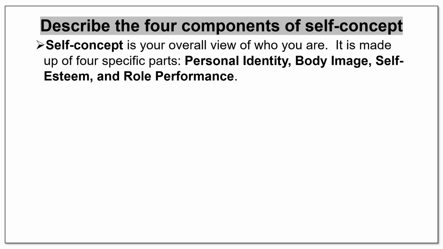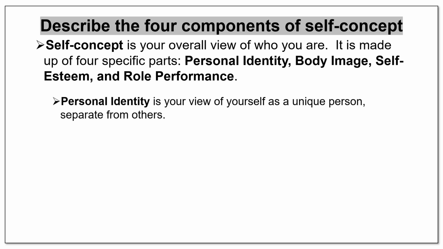There are 4 main components you'll need to understand. First, we have personal identity, body image, self-esteem, and role performance. Personal identity is how a person defines themselves as unique.